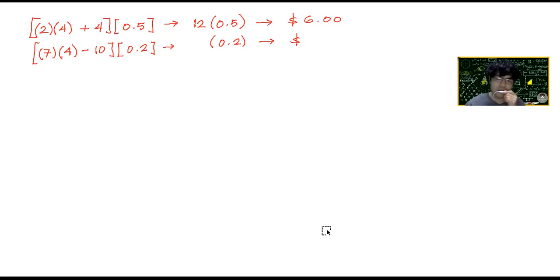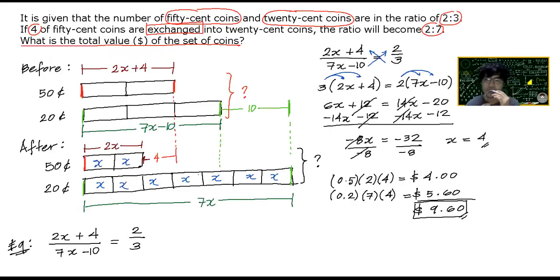Now, if you multiply these numbers, this is supposed to be 18 times 0.2, and this will become 3.60. Combining them, this will become also $9.60, which is the same as our answer. So if you do this, it means that your answer is still correct. Okay? No matter what happens.